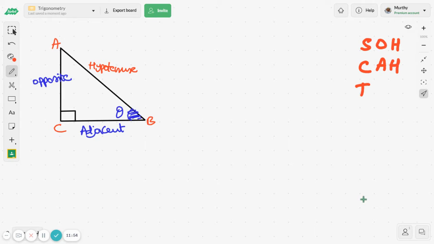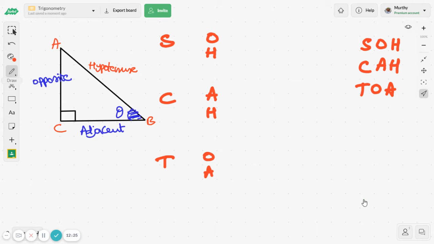while memorizing the spelling, you have to be careful. I know that some students memorize it as SOH-COH-TOA. It is not COH, it is CAH. So let me write it: S-O-H, C-A-H, T-O-A.